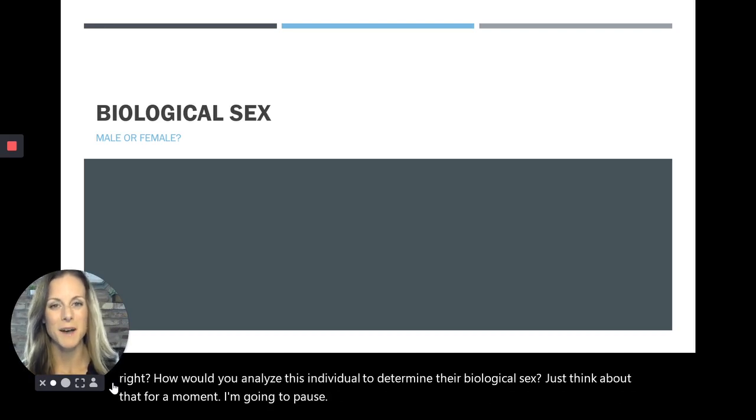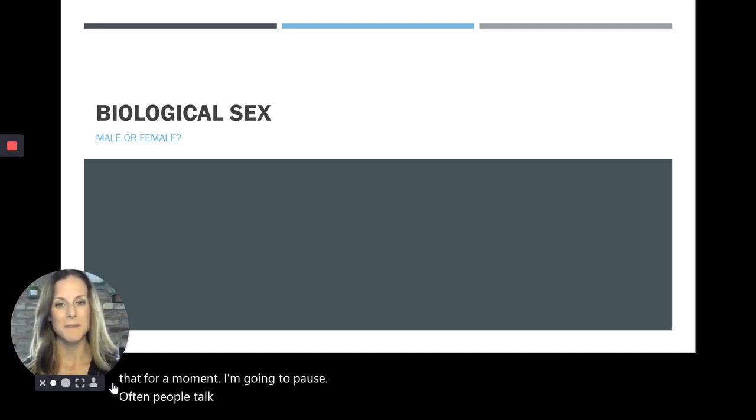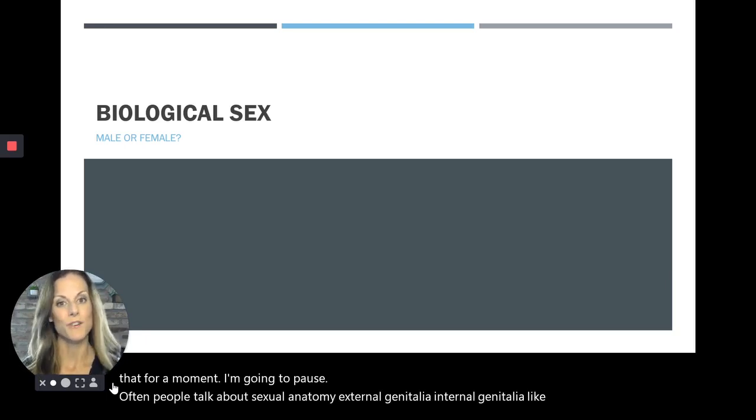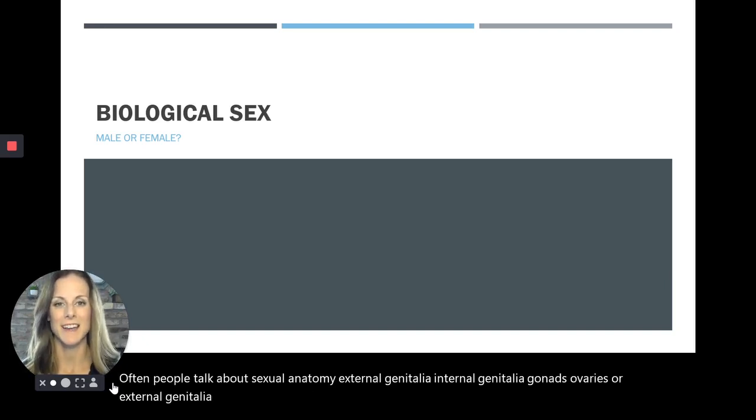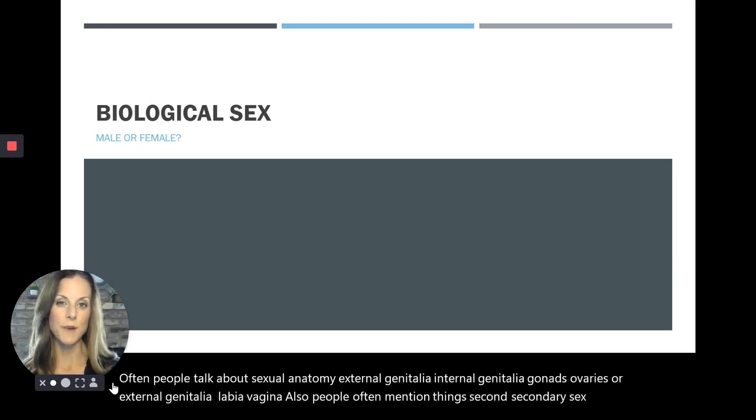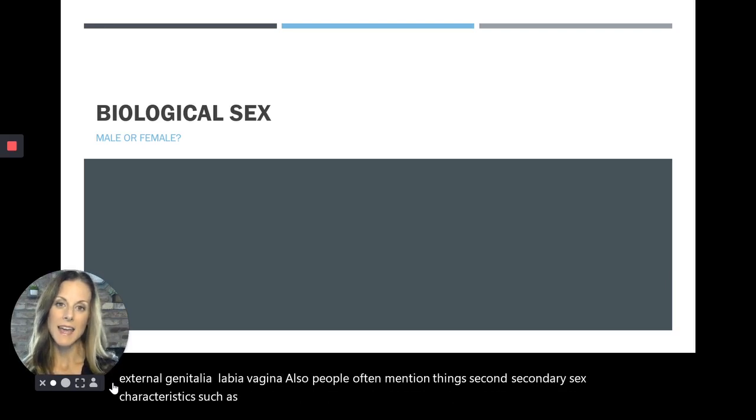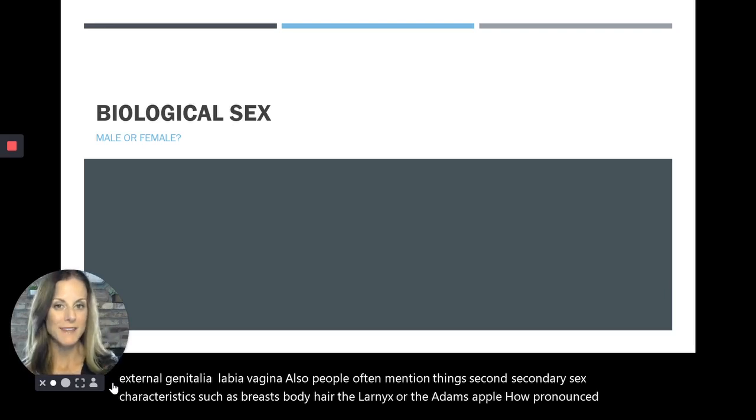Often people talk about sexual anatomy, external genitalia, internal genitalia, like gonads, ovaries, or external genitalia, penis, labia, vagina. Also, people often mention things like secondary sex characteristics, such as breasts, body hair, the larynx or the Adam's apple, how pronounced that is, tone of voice.